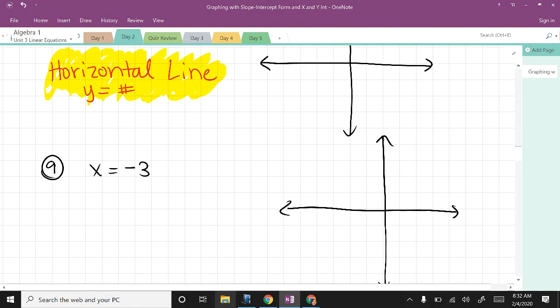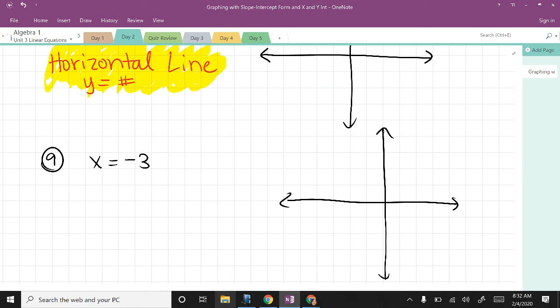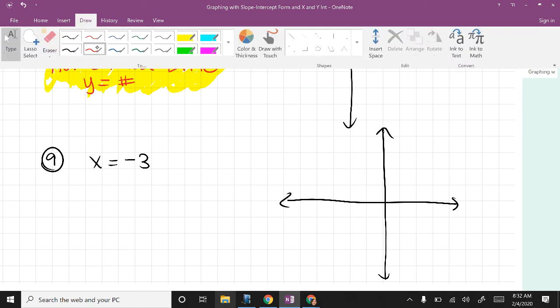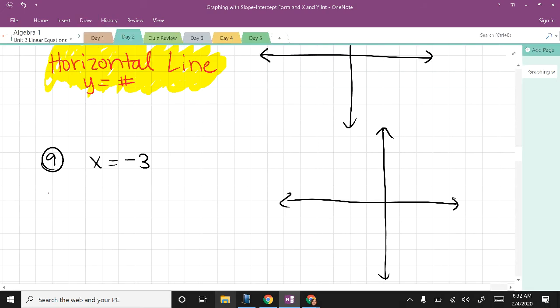What about number 9 then? It's a vertical line. The x values are always -3. So x equals a number is always a vertical line. Memorize it.